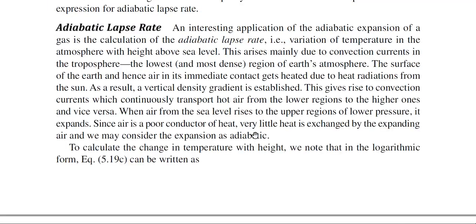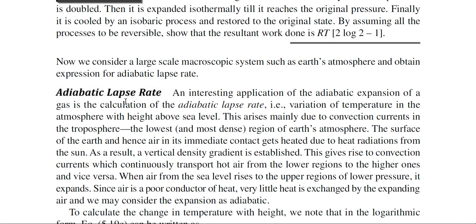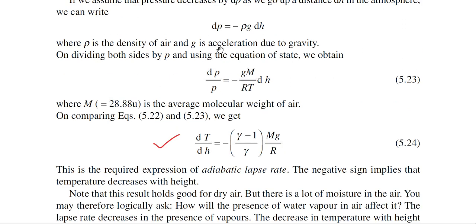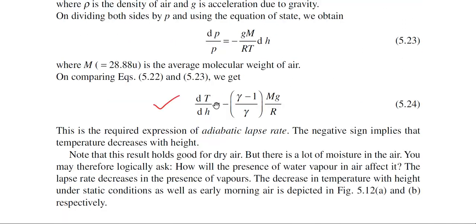Another thing is a particular topic, adiabatic lapse rate. Adiabatic lapse rate means variation of temperature in the atmosphere with height above sea level, that is, how temperature changes with height. I am skipping the derivation, but see this expression of the adiabatic lapse rate.